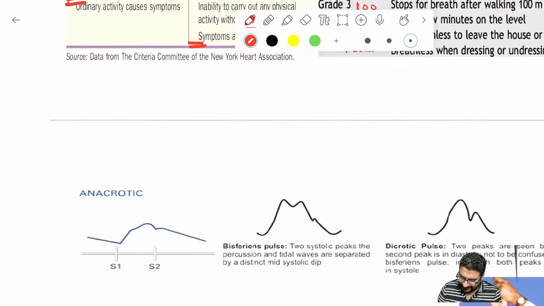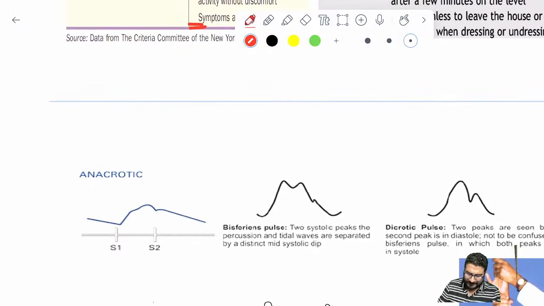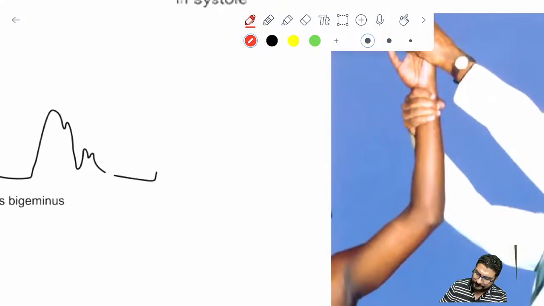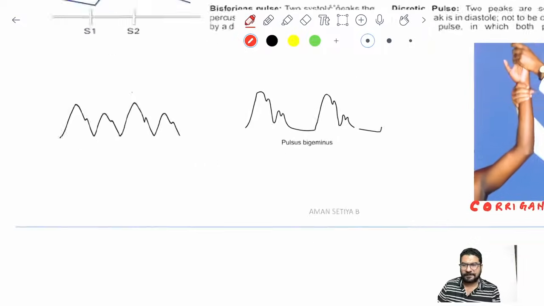Okay, now moving to different types of pulse. What are the different types of pulse you can see? The first type of pulse, let's start with this one, is called Corrigan pulse, or water hammer pulse.